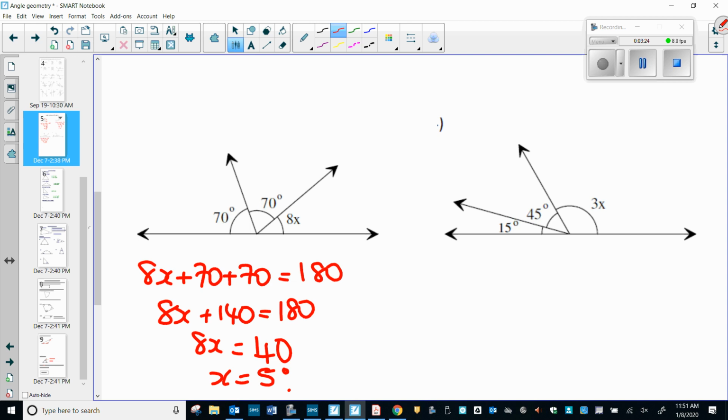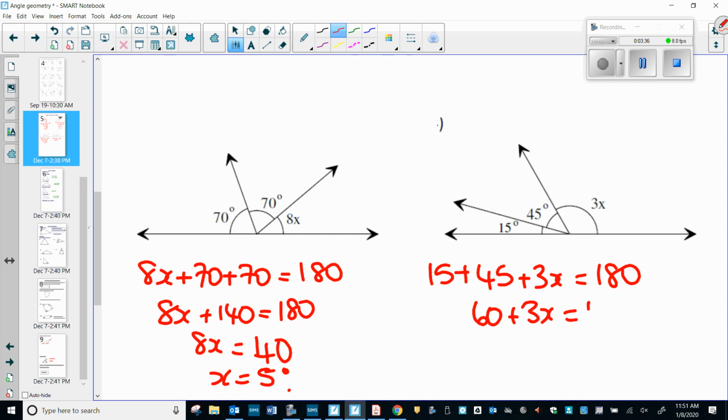Okay. 15 plus 45 plus 3x is equal to 180. 60 plus 3x is 180. 3x is 120. x equals 40. Hopefully they are very doable. I'll just let you finish those. I'll just pause for 2 seconds.